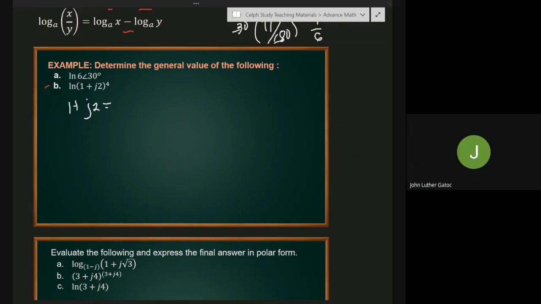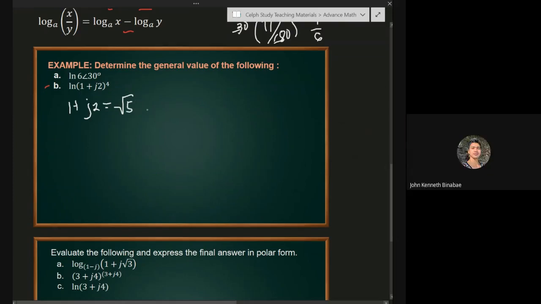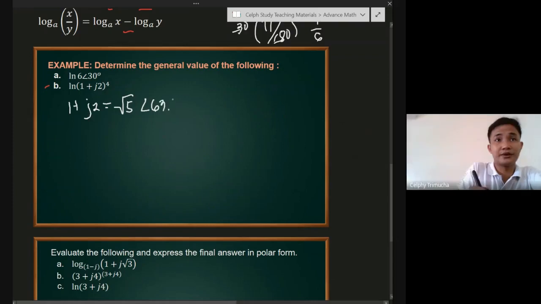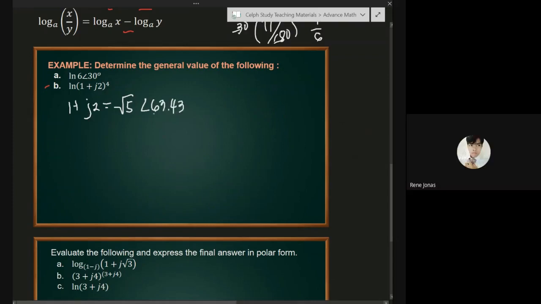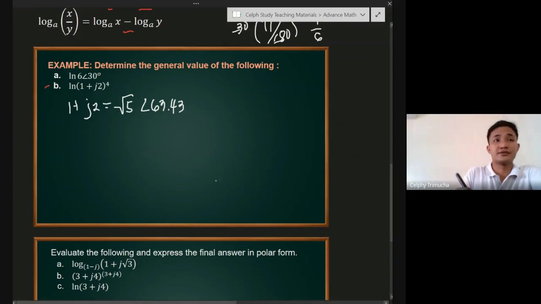That's square root of 5. So we have square root of 5, angle 63.43.